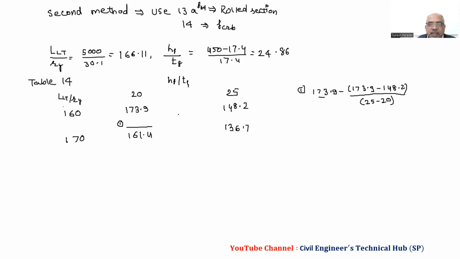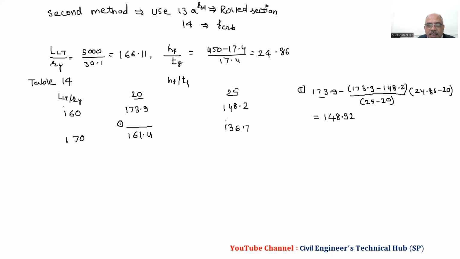We have taken 173 means base 20. So 24.86 minus 20, and we will get the first value, that is 148.92.